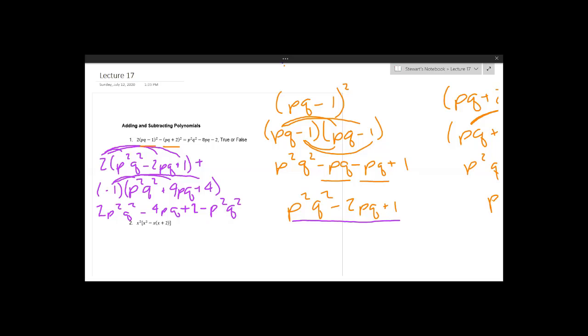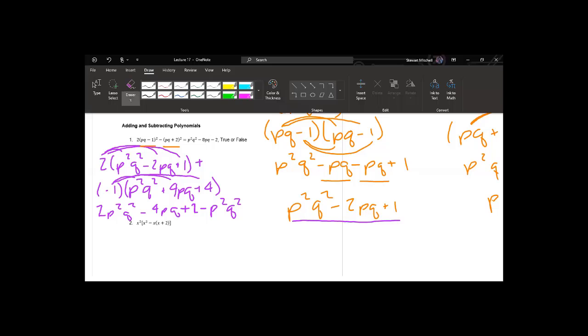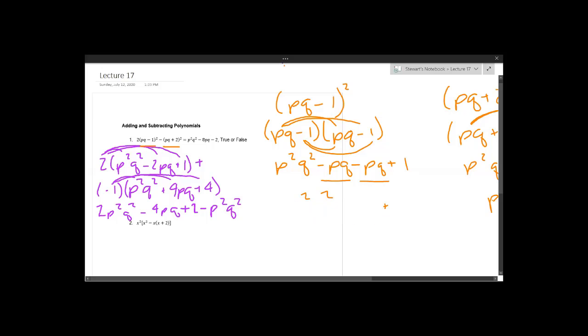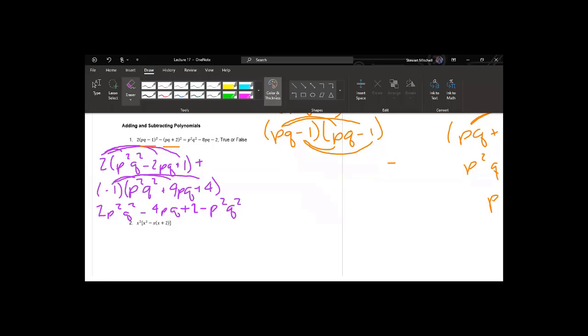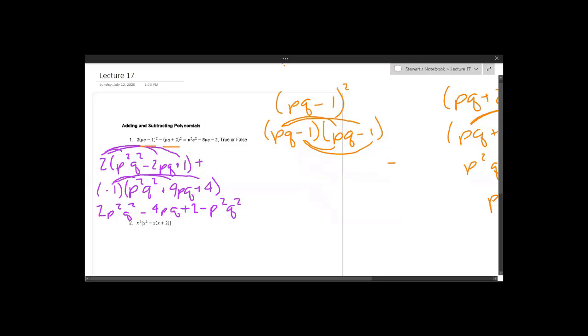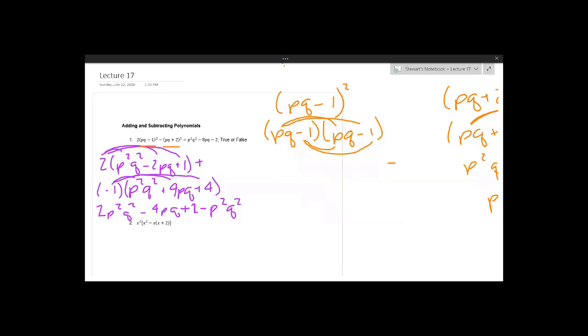Erase just so we have room really quickly, because we already evaluated that one, so we can get it out of the way. Okay, so we have plus -1 times p squared q squared, so it's minus p squared q squared. -1 times 4pq would be -4pq, so that'd be minus 4pq. And then -1 times +4 is also a minus 4.